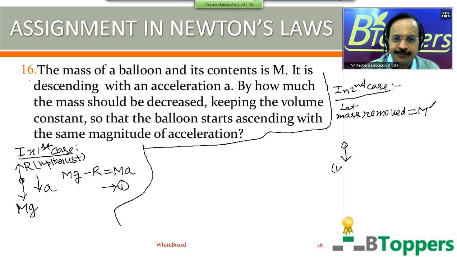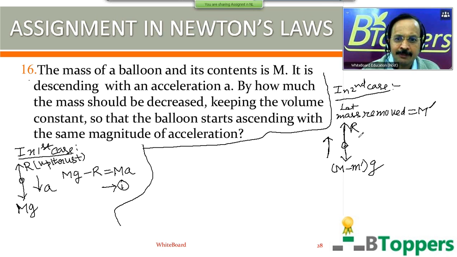So the mass of the balloon with contents in the second case will be m minus m dash. The weight of the balloon in the second case you can write as (m minus m dash) into g. But the magnitude of the force of buoyancy or upthrust on the balloon remains the same in both the cases, which is denoted by R. So in the second case, it has to move upwards.